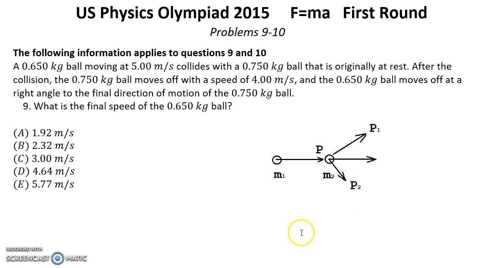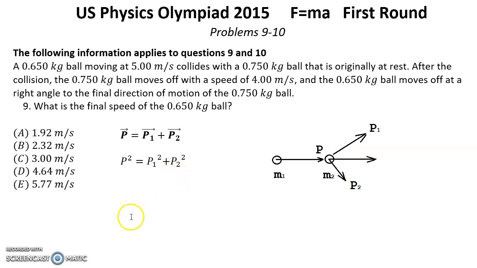So from here we can write equations. In vector form we have P equals P1 plus P2, but because this angle is right, we can write another equation. We have P squared equals P1 squared plus P2 squared.